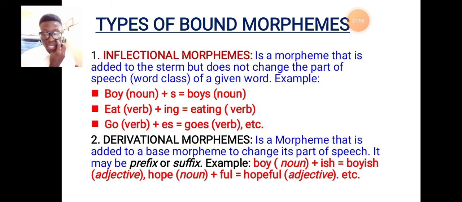There are so many examples. Nation. Nation is a noun. But when I add al to it, that is the suffix, the noun nation has changed to become an adjective, national.